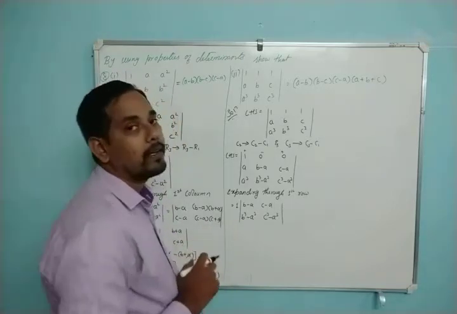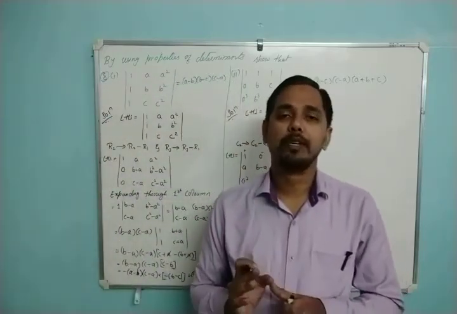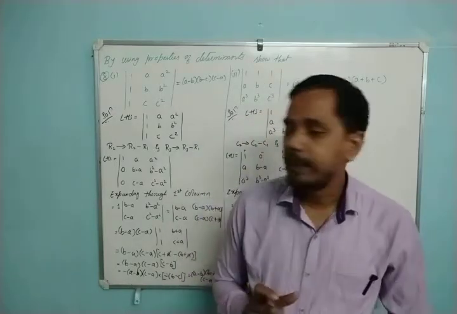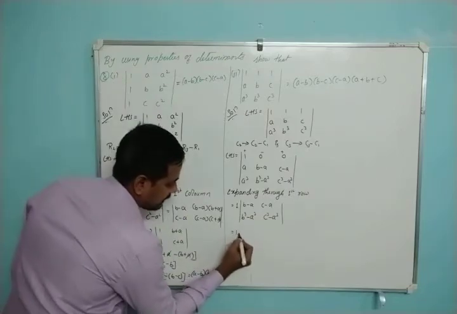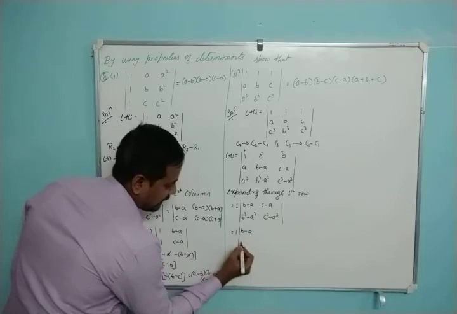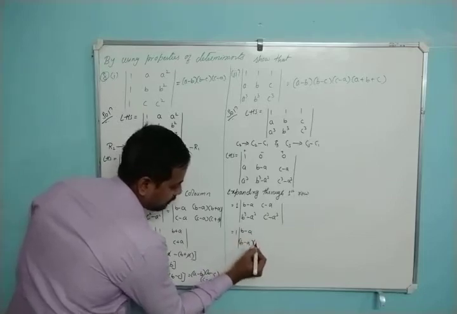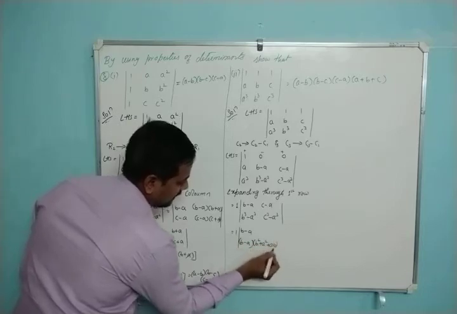Now what is B cube minus A cube? It is of the form A cube minus B cube. What is A cube minus B cube? A minus B into A square plus B square plus AB. So B cube minus A cube can be written as B minus A into B square plus A square plus AB.